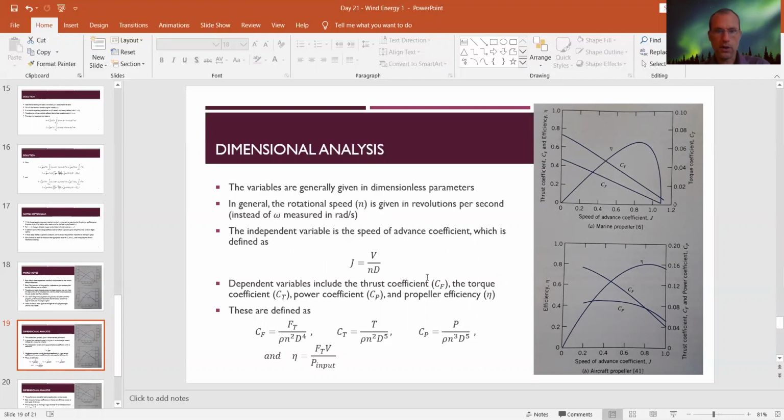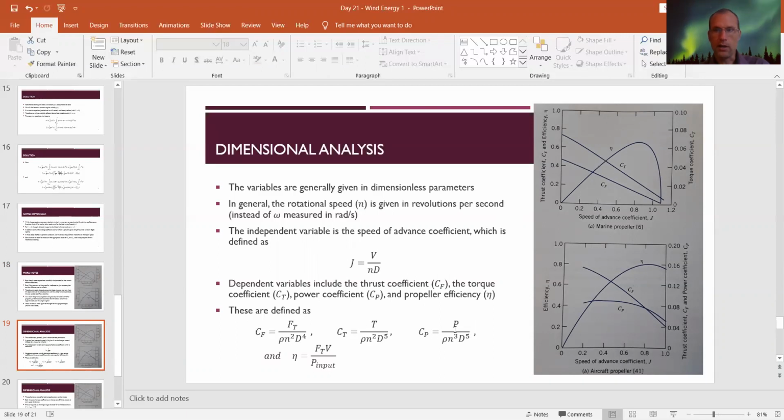Then my dependent variables are the thrust coefficient CF, torque coefficient CT, power coefficient CP, and propeller efficiency, eta. My force is just force on top, and then whatever units of force I get from the bottom: rho n squared d to the fourth gives me units of force, so that gives me a dimensionless value. For torque, I need an additional radius or diameter, so rho n squared d to the fifth gives me units of torque.